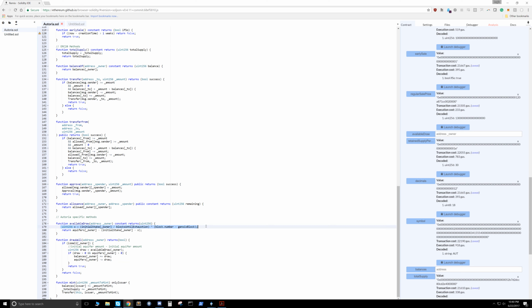It's just your initial stake divided by the blocks until exhaustion multiplied by time, and that's going to get you your available draw. That is then subtracted by how much your aquifer has left in it, because your initial stake subtracted by what it should be gives you how much you can draw, and then we update those variables.